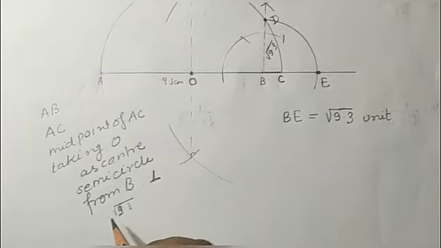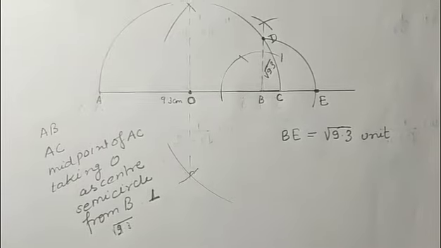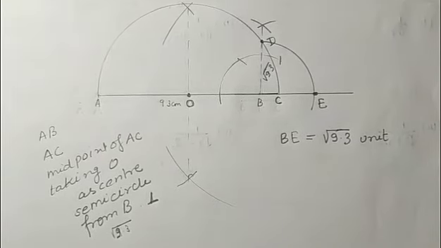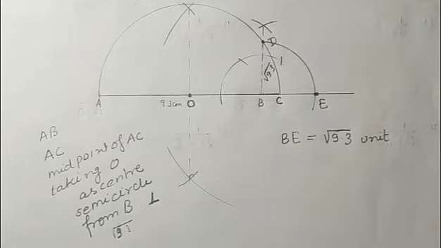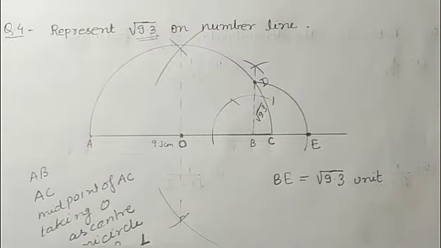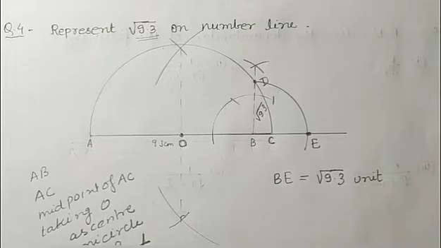To represent it on the number line, make an arc from B to your next point, E. To understand this question properly, you should rewind your video for a few seconds and watch this question once again.